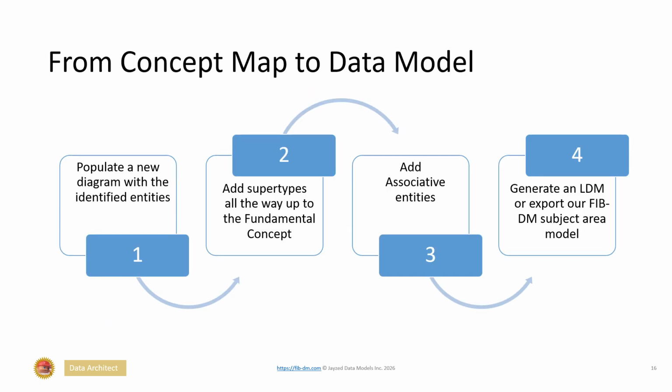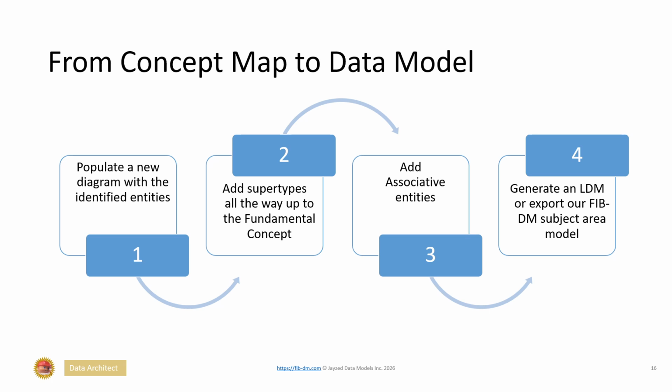Yeah, from concept map to data model scope, we have 4 steps. First, we populate a new diagram, in other words, a PowerDesigner package or ERWin subject area with the identified entities. Then we add supertypes all the way up to the fundamental concept entity.